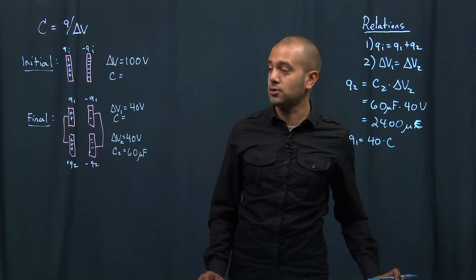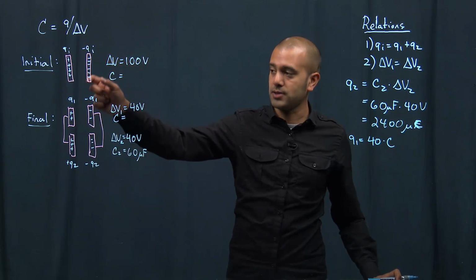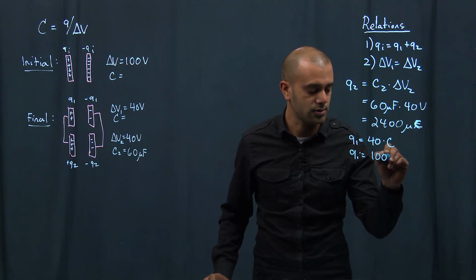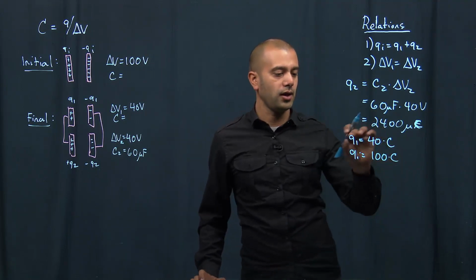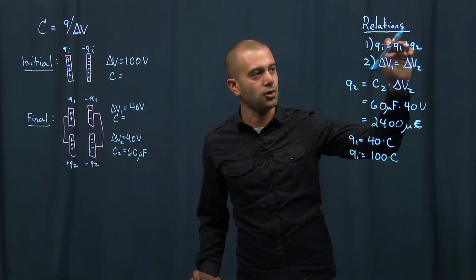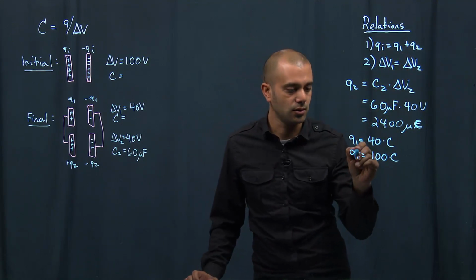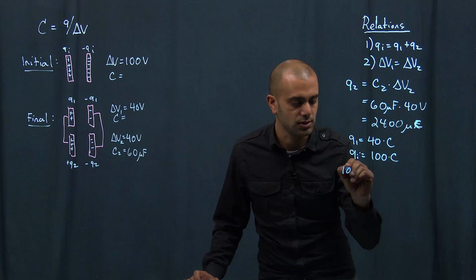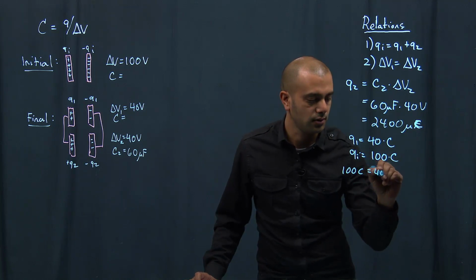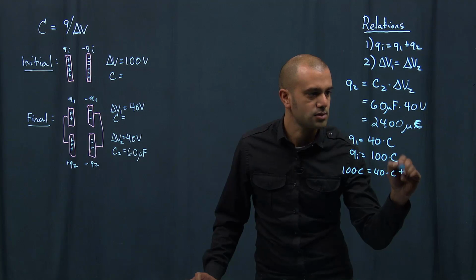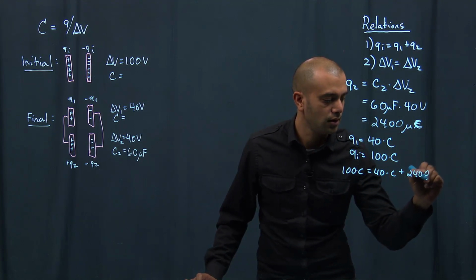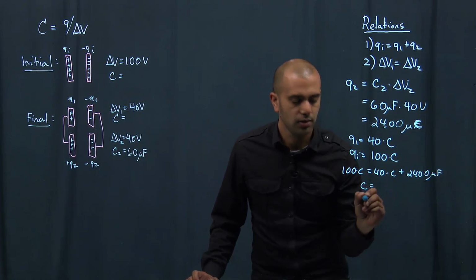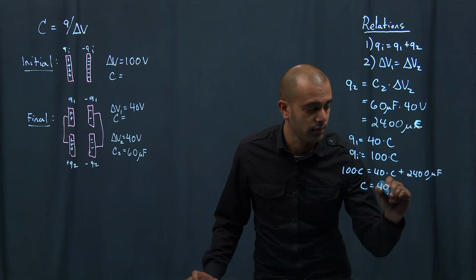And then applying the capacitor equation to the first capacitor before it was hooked up, we get Qi equals 100 volts times C. Plugging these three quantities into the charge conservation equation, Qi equals Q1 plus Q2, so you have 100C equals 40C plus 2400 microcoulombs. Carrying out the simple algebra, that gives you that the first capacitor has a capacitance of 40 microfarads.